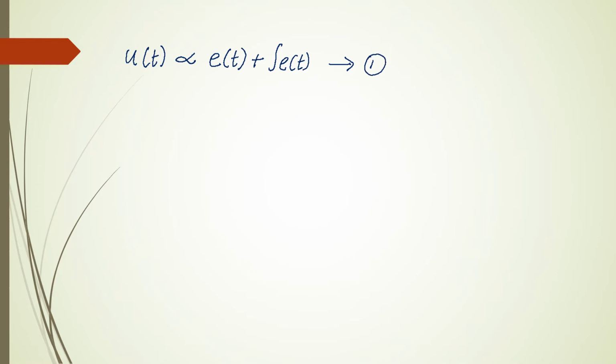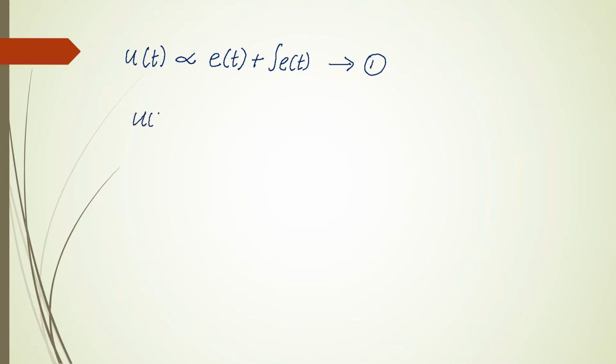U of t, the PI controller output, is directly proportional to the error signal and the integral of the error signal. Now we are supposed to remove the proportionality. In order to remove the proportionality symbol, we are supposed to introduce constants.